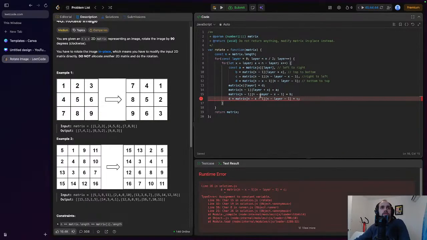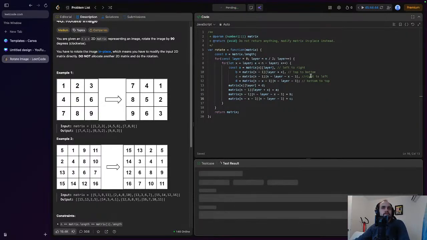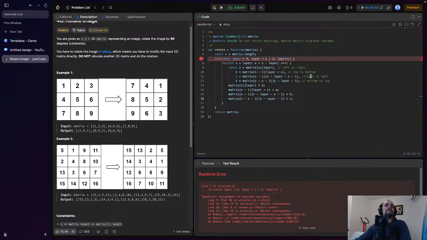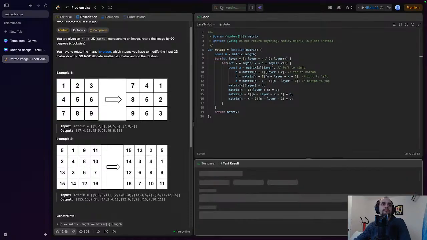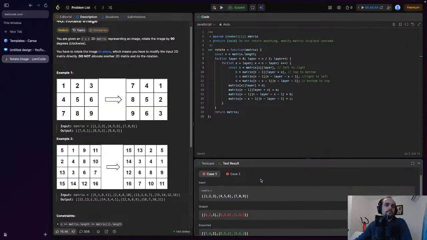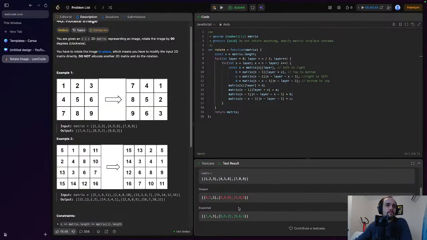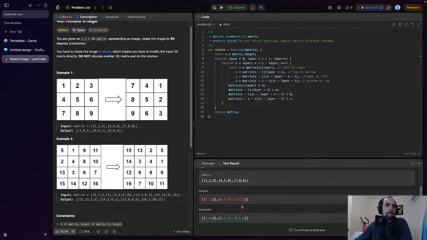Assignment to constant. Layer is const. We don't return anything.